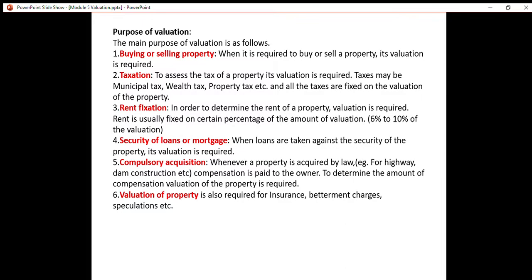Important question: what are the purposes of valuation? Dear student, imagine that you are a landlord having several acres of farmland with a certain kind of crop, say areca, rubber or so.